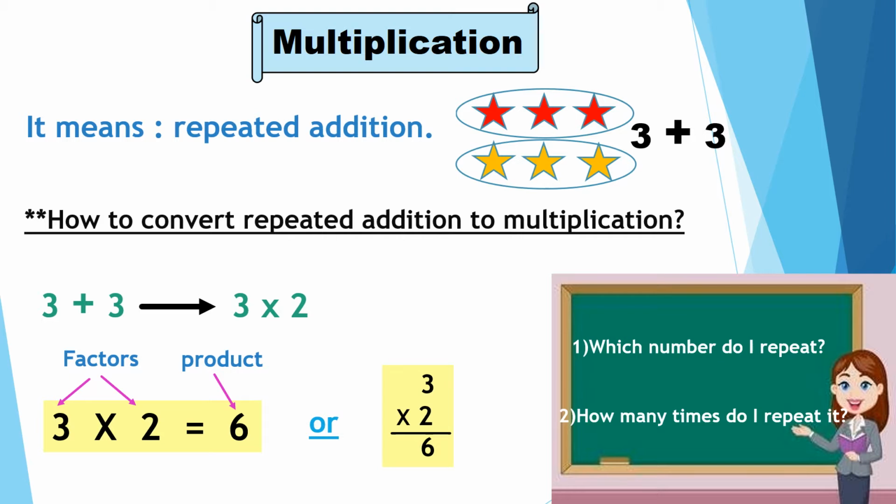So 3 times 2 equals 6: factor, factor, product. And same here in the vertical way. If we have two numbers multiplied by each other, we call them factors, and the result is the product.